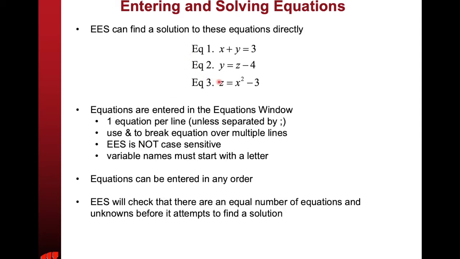So just because you know what z is doesn't mean z has to go first. It isn't an assignment, right? The equations can go in any order. Now there's some better practices, but they can go in any order. And then EES will make sure that, hey, if you've got 3 unknowns, you better have 3 equations, right? And if you have 4 equations, you better have 4 unknowns, otherwise it's overspecified or overconstrained.